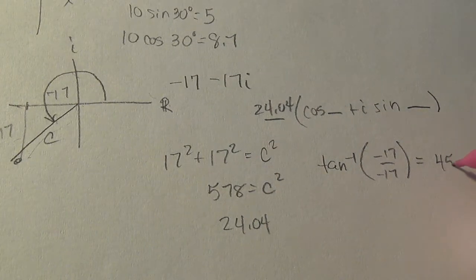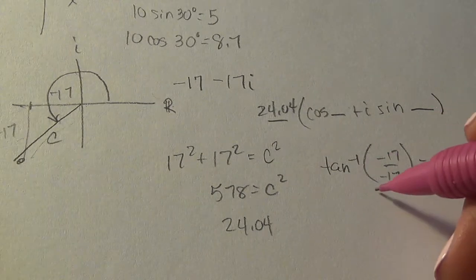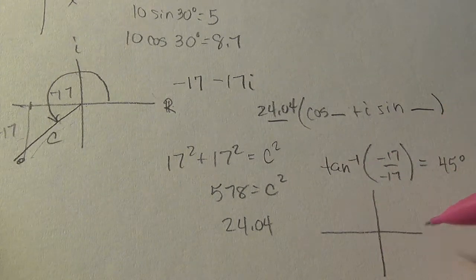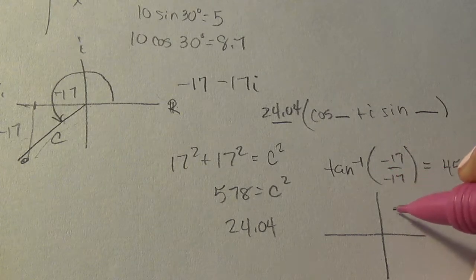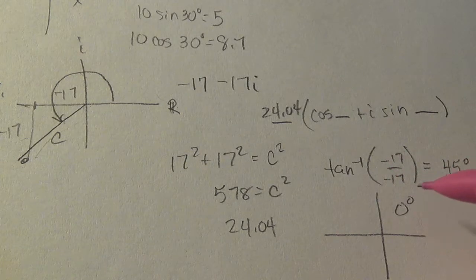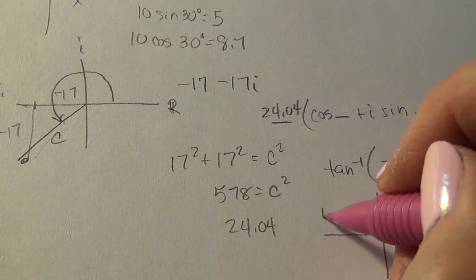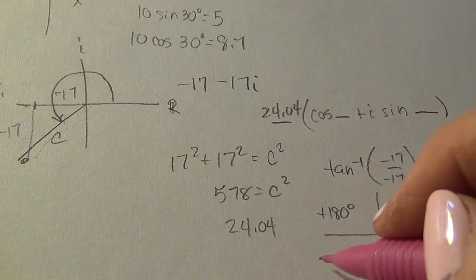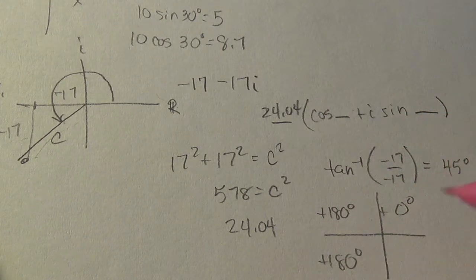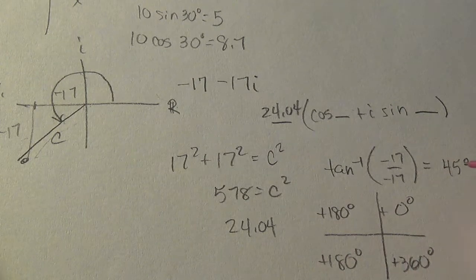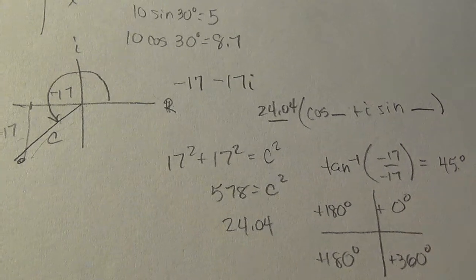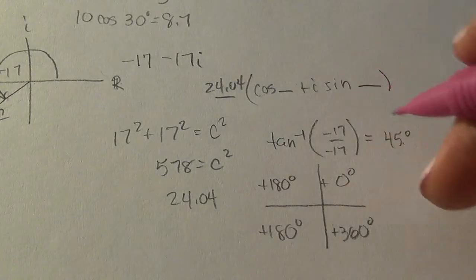However, our calculator goes a little goofy when we have tangent inverse functions and we have to adjust. If it's in the first quadrant, you add 0. In the second, you add 180 to the calculator answer, add 180 for the third, add 360 for the fourth. So we're going to add 180 to that because we can see we're in the third quadrant and we get 225.